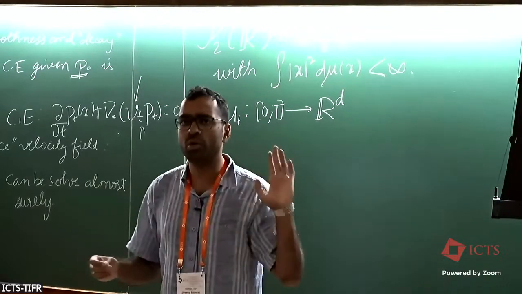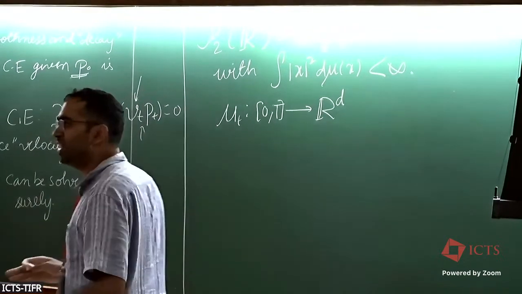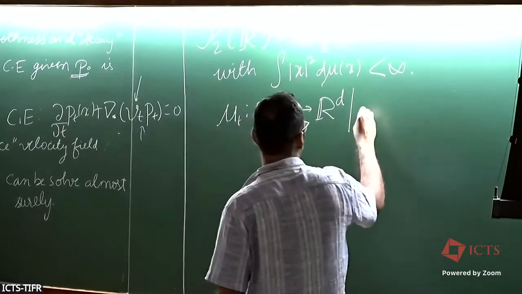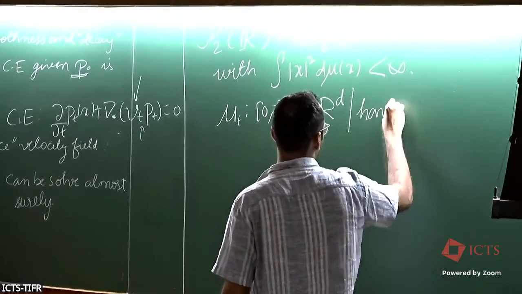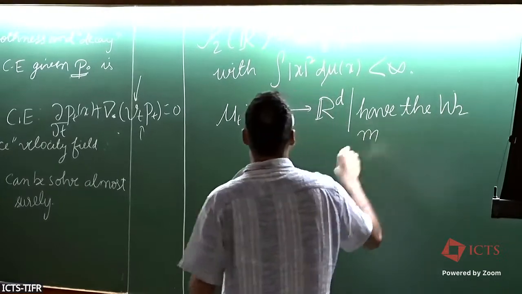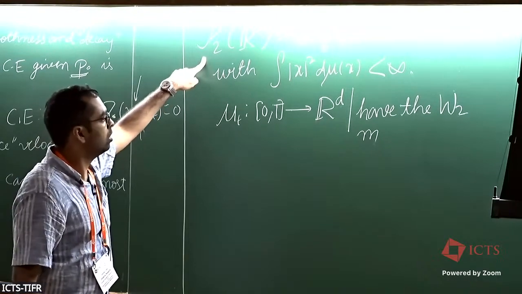How many of you know what a Wasserstein metric is? Okay, so a lot of you know. I won't go into the details, and we have the Wasserstein metric on this space, on P2 of R^d. Yes, sorry, P2 of R^d.